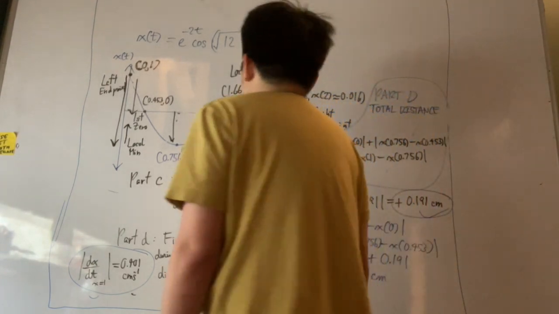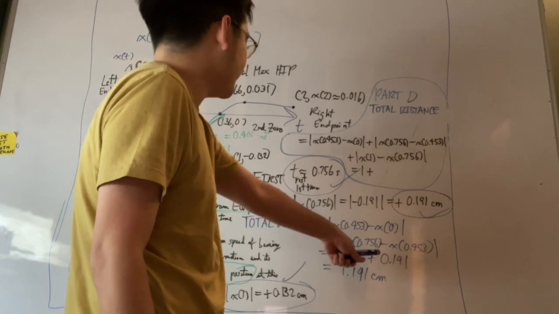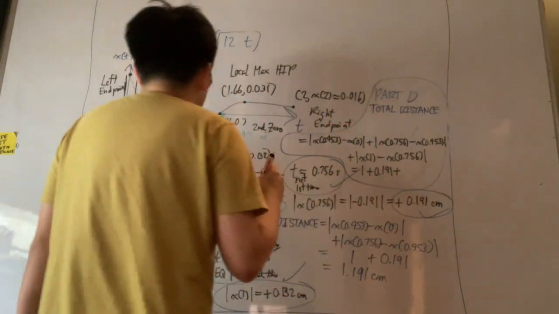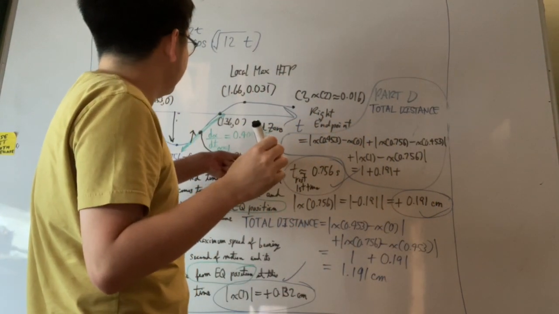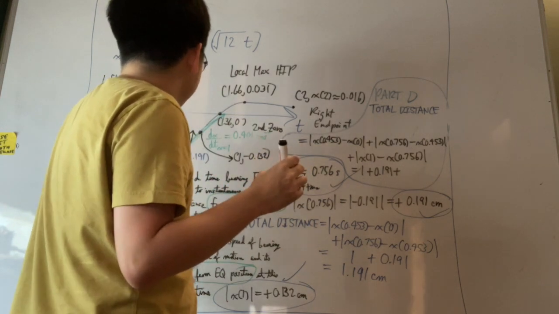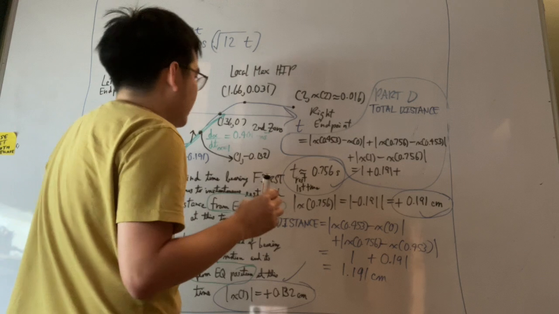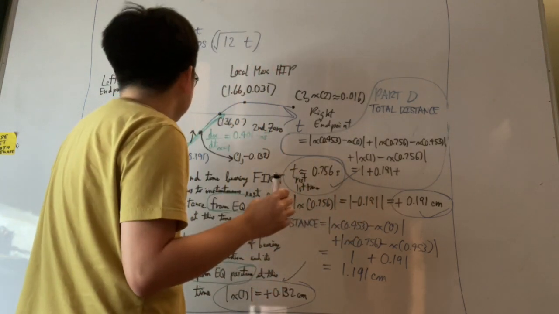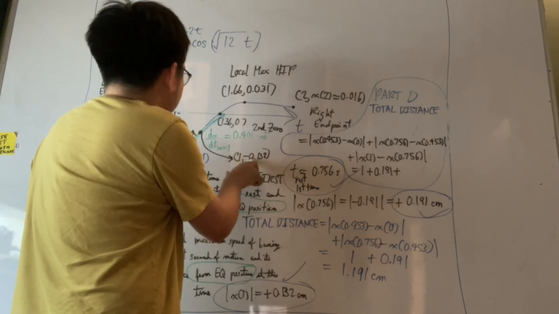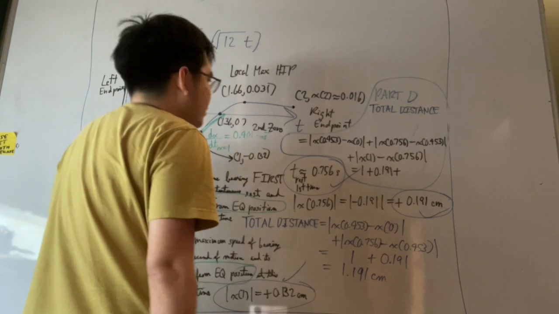Then have those together, so that's going to be 1. It's going to build up, so it's going to be 1 plus the 0.191 here. And then if that coordinate is 0.132, but that's relative to 0 though, unfortunately, so you need the opposite of that. You know what? We're just going to have to do a nasty difference here. This is going to be negative 0.191 minus 0.132, and you do the absolute value of that.